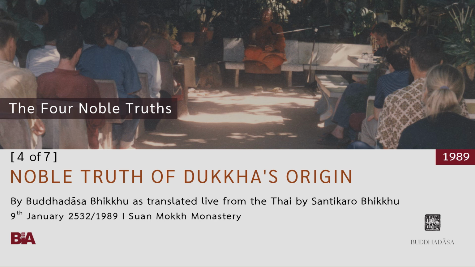These are the three forms of tanha. And what's really interesting is this third one, wanting to not be. In the Pali, this is another kind of bhava, another existence. Wanting to not be is another kind of being.